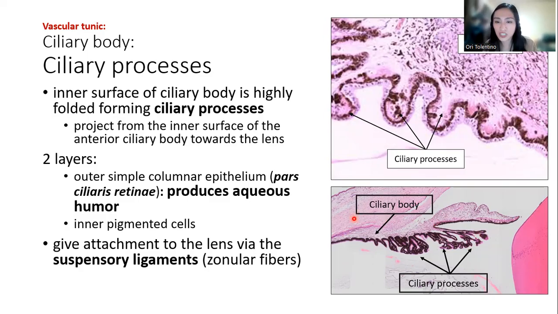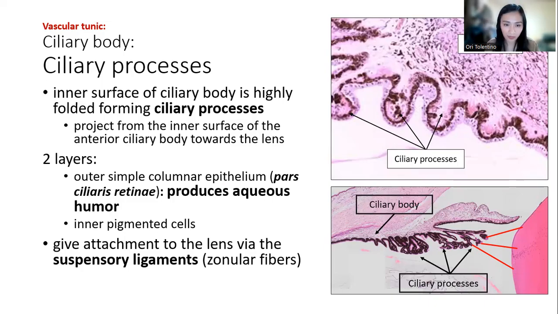Note, I also mentioned earlier, you cannot see suspensory ligaments in tissue sections because the preparation process will destroy them. But in theory, they would be here, okay? You can see the ciliary process, and the suspensory ligament suspends the lens. It's pulled by the ciliary muscle in the ciliary body and changes the lens shape for accommodation or focusing near objects.